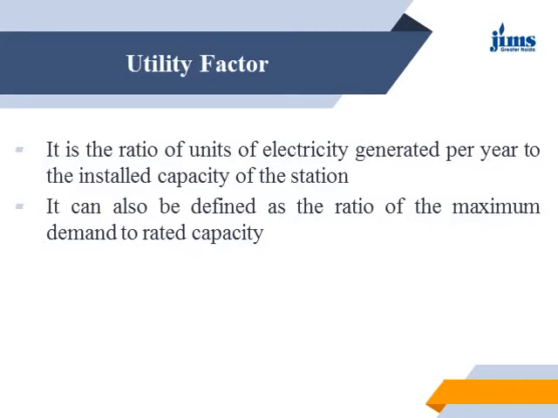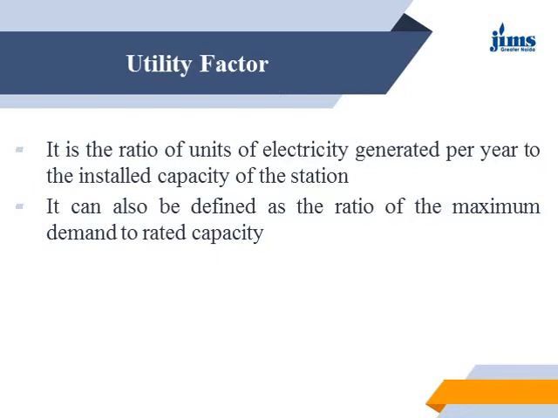Now what is utility factor? As the name indicates, it tells how much we are utilizing the capacity of the plant. So it is the ratio of the units of electricity generated per year to the installed capacity of the station. This utility factor is also less than 1, because you cannot take electricity more than the installed capacity of the station. But if this ratio is closer to 1, it shows that the plant is being used at its full rated capacity.